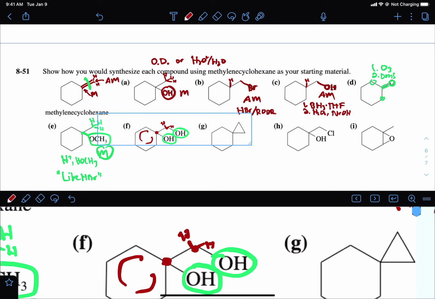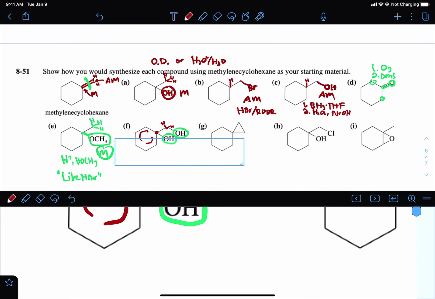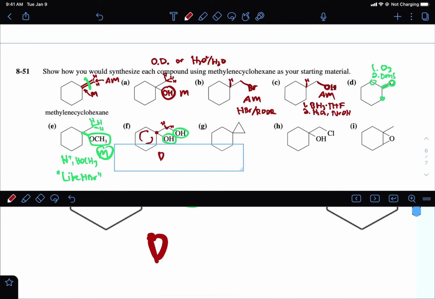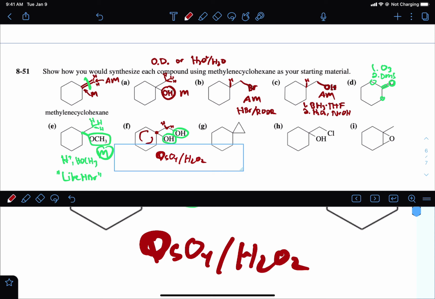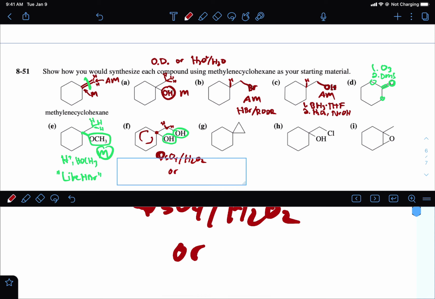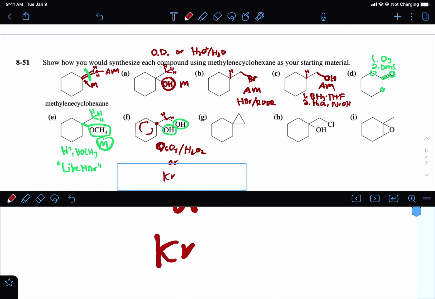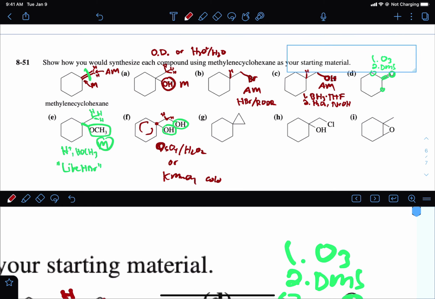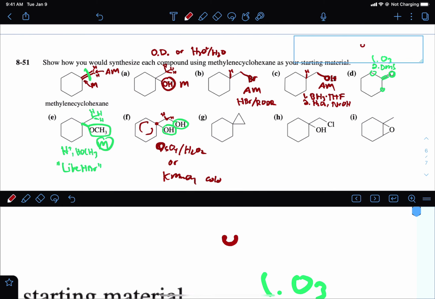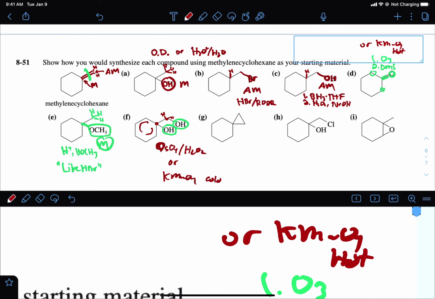You get the same product. So you can use either method. You could use OsO4 and H2O2 or KMnO4 cold. Over here with the ozonolysis reaction, the alternative was KMnO4 hot. Remember, those do something different.